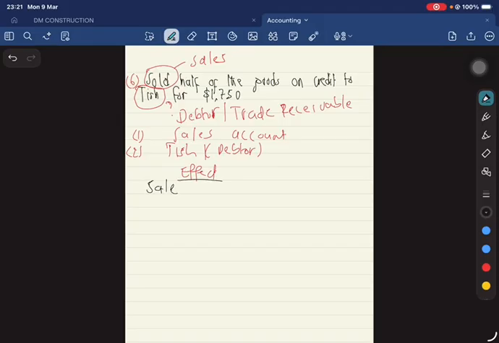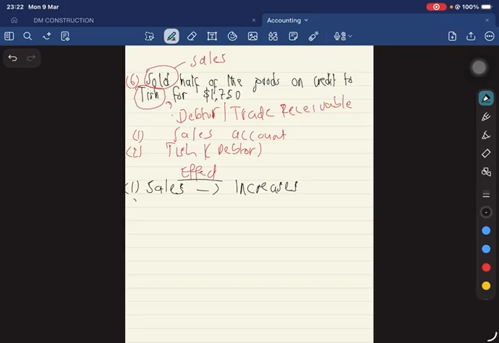Let's take the sales account. What happens? Does sales increase or decrease? Sales increases, because the business sold goods on credit to Tish, so the sales of the business has increased.